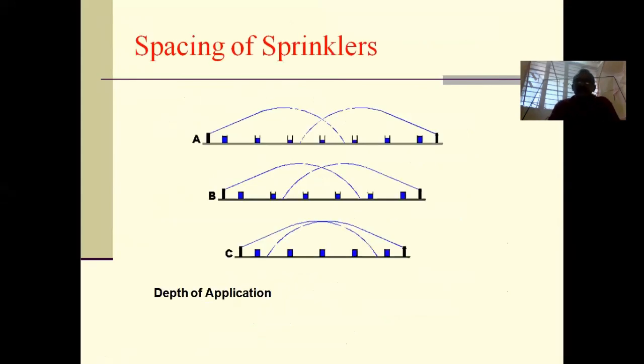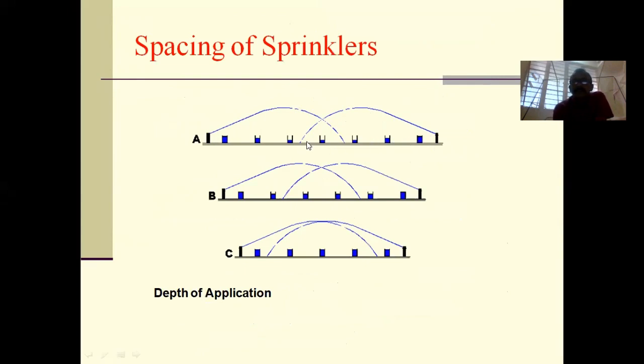And when we are spacing sprinklers, there should be overlap. See here, this is one sprinkler and this is another adjoining sprinkler. When the overlap is lower, how does the depth of water received look?